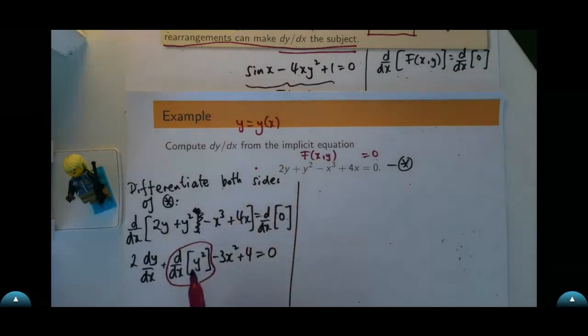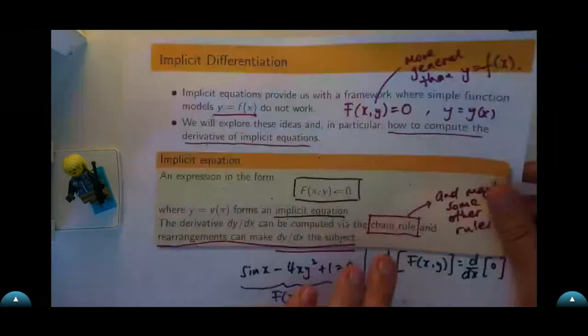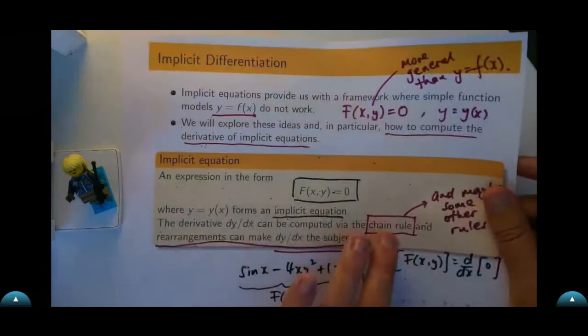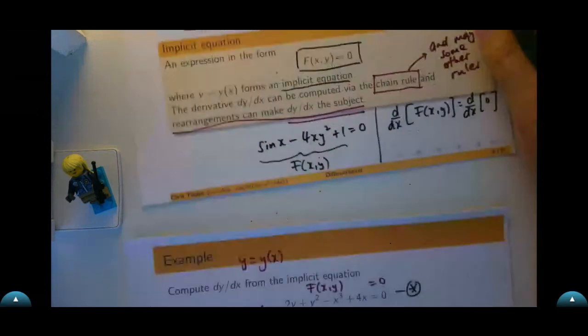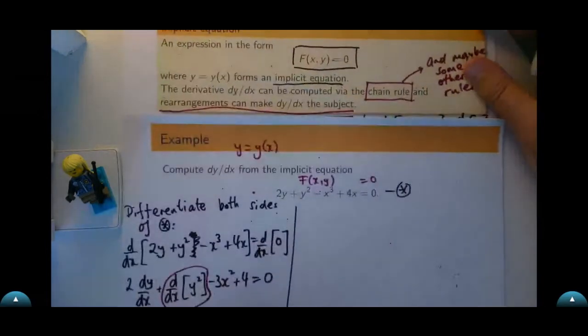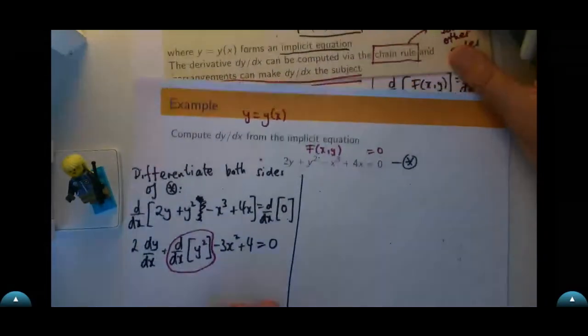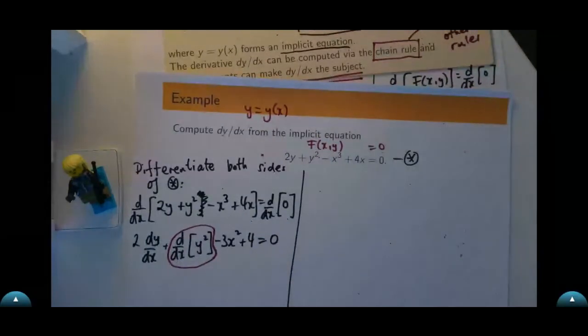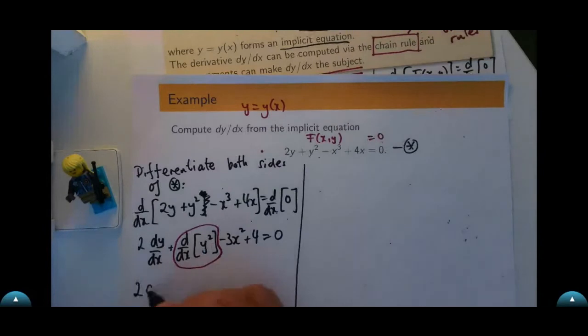So the only difficult thing here is differentiating this. Okay? Now, this is where the chain rule can come in. So what I'm going to do is play with the derivative and involve the chain rule. So watch what I do.